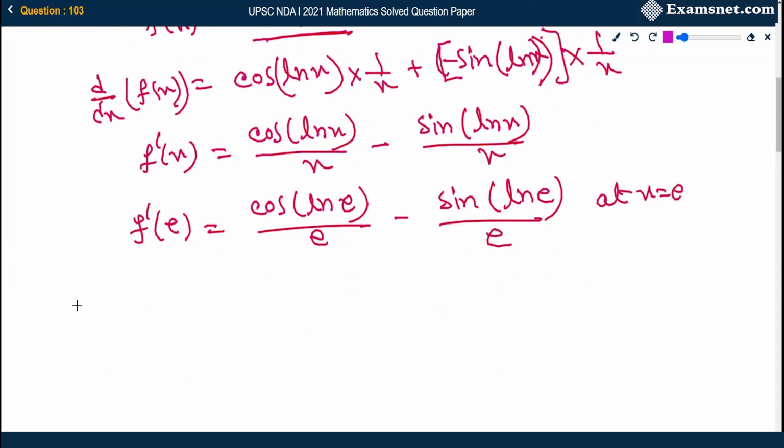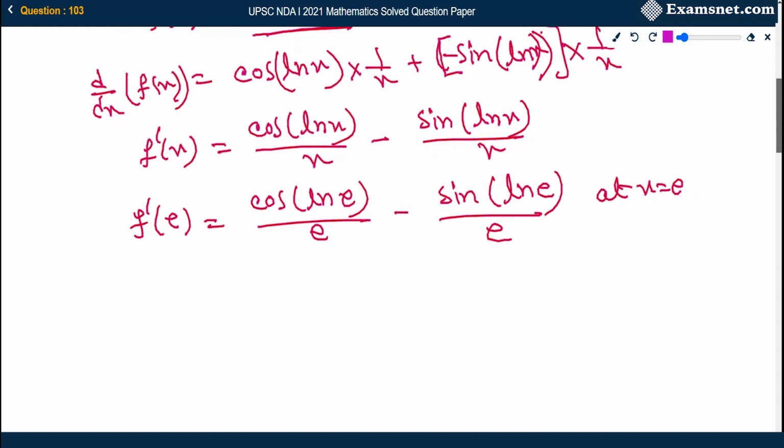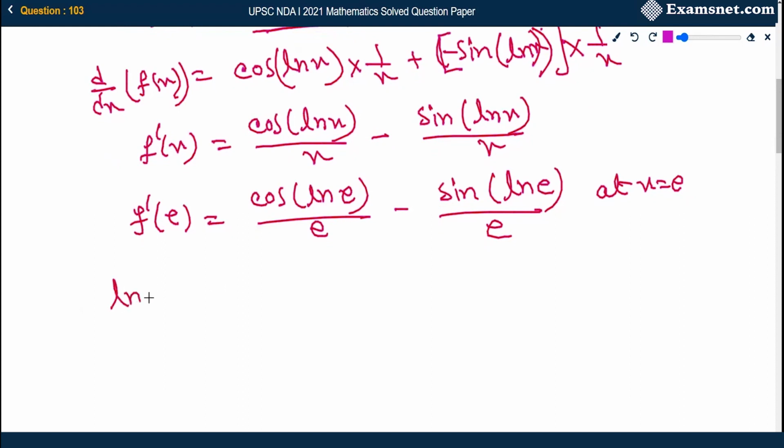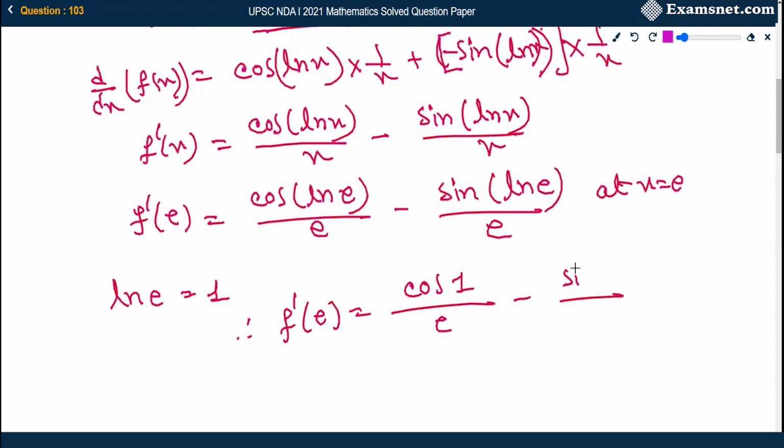Now, since ln is defined to the base e, we know that ln e gives us the value 1, because log of e to the base e will obviously give us 1. Therefore, f dash e is cos 1 minus sine 1 by e.